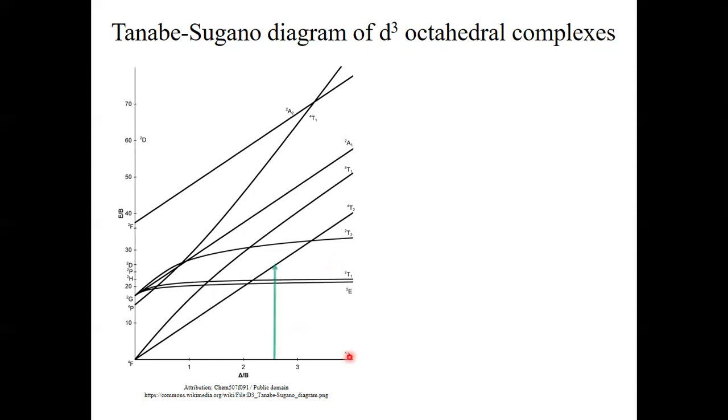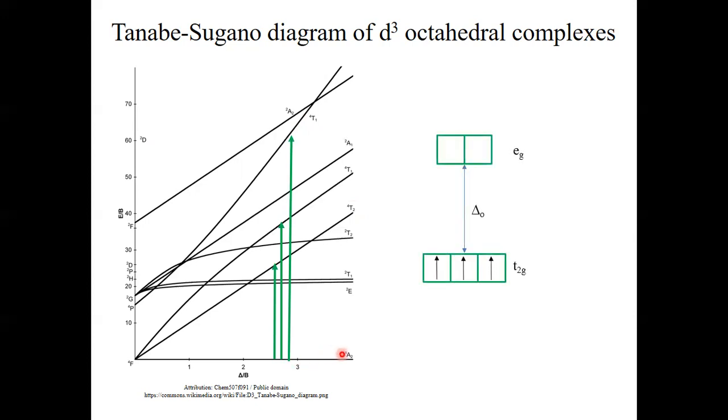Well, first of all, let us look at the electron transitions. We can only have electron transitions from this quartet state into other quartet states. So the first electron transition would go into this quartet state here. Then we have another quartet state over there. And finally, we have a third quartet state over here. So these are all the electron transitions possible from the ground state.